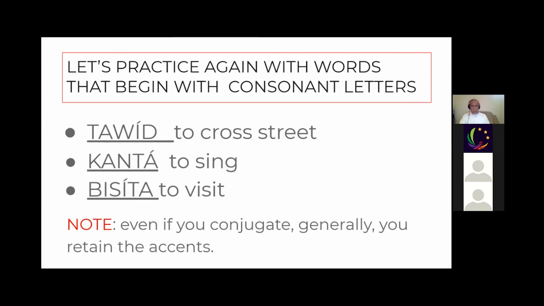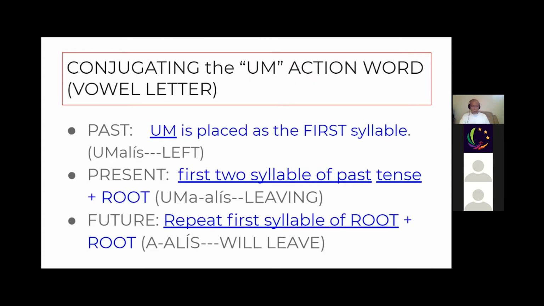Okay, very good. So now conjugating words that start with a vowel. Yes, you noticed it. The "um" is placed as the first syllable. Alis becomes umalis. He left. And then you repeat again the first two letters or the first two syllables of the past tense, and then the root.